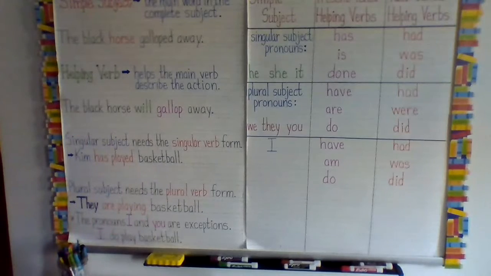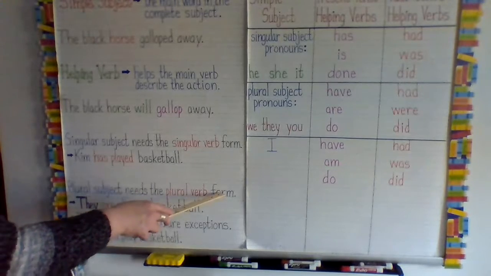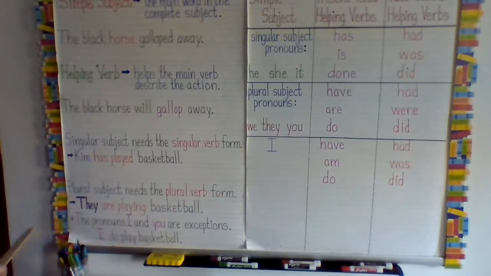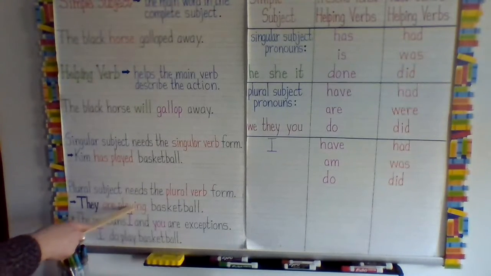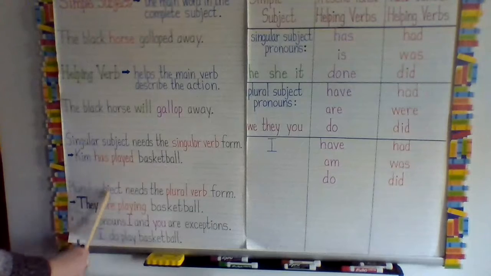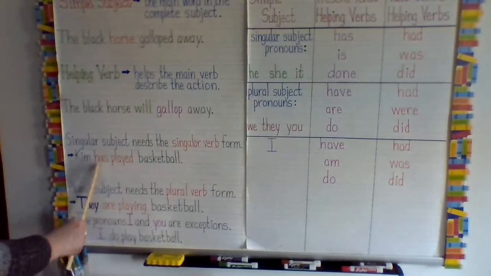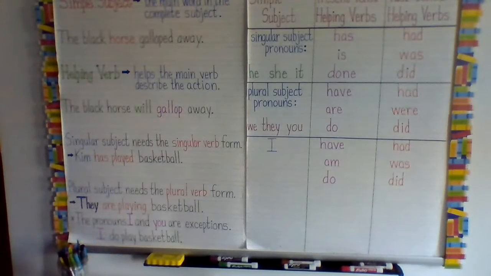Then down here we have our plural subject, and a plural subject needs the plural verb form. Here, they is plural, there's more than one: are playing basketball. Notice you have your helping verbs here. Has played. Are playing. Okay?